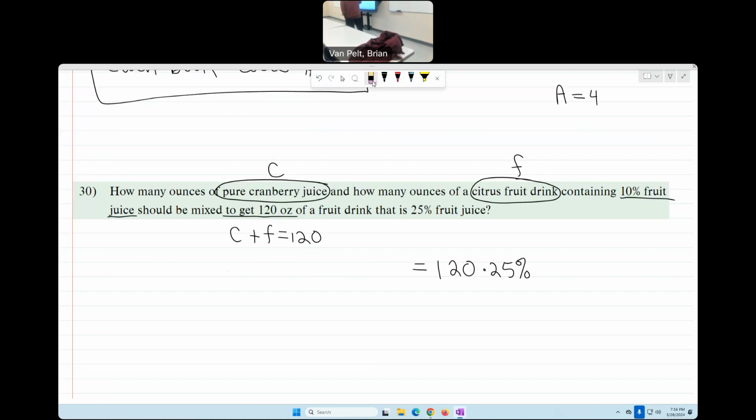Ounces of pure, let's. Yeah, that's 100%. That's why it's so weird. This pure cranberry juice is 100%. That F is what percentage? 0.25 or 25%. No, oh, 10%.